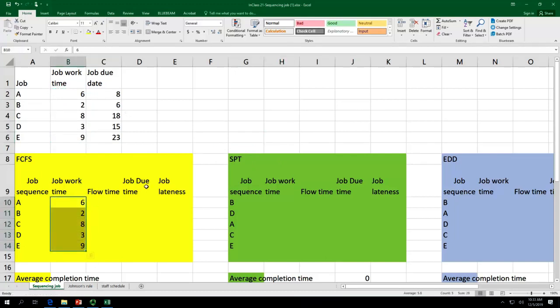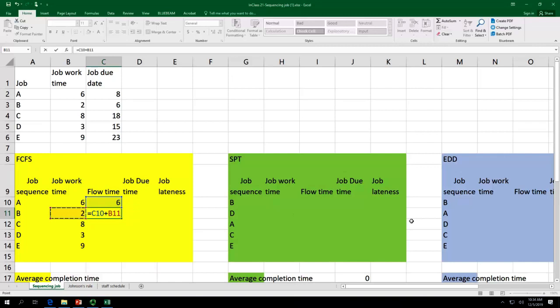Flow time is the working time plus the waiting time. When A is working, B needs to wait until A is finished before B can start. So for B the waiting time is 6, and the real processing time is 2.